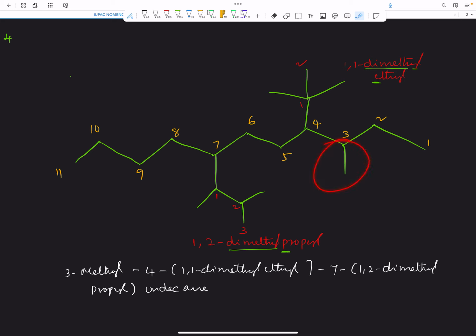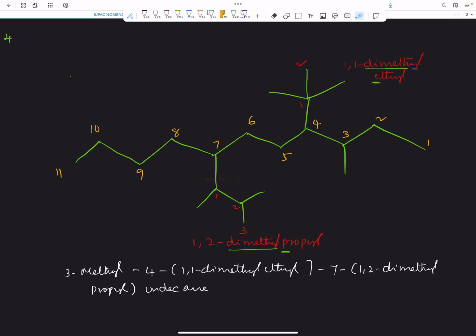Here is a methyl group and this group is named 1,1 dimethyl ethyl. This group is named 1,2 dimethyl propyl. Dimethyl is common in both the substituent names. This substituent has a name starting with E. This substituent has a name starting with P.